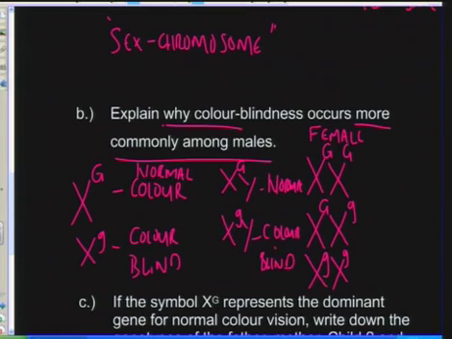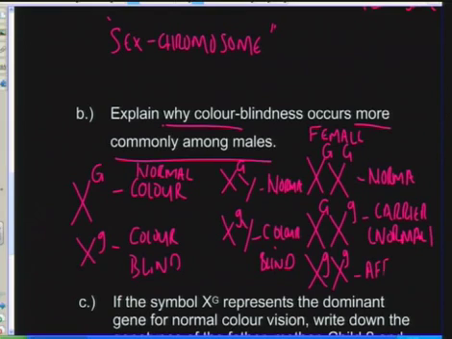That's a normal female, that's a carrier female who is normal but has the gene which she carries, and here we have an affected female.